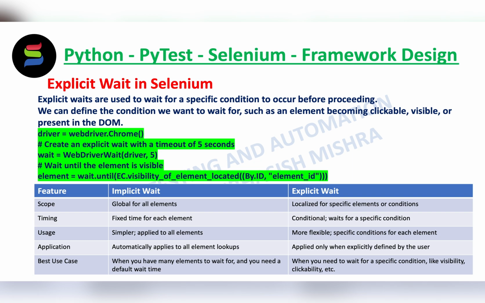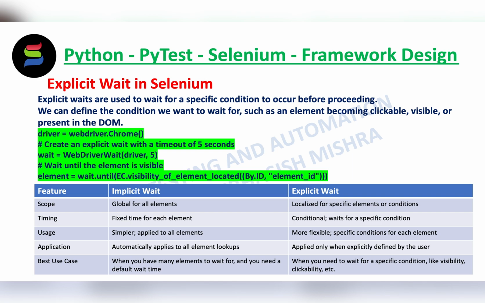Regarding timing, implicit wait is a fixed time for each element, whereas explicit wait is a conditional time. You can wait for a specific condition, if that is visible or clickable, then you can wait for that much time. Implicit wait is simpler to use, it is applied to all the elements, whereas explicit wait is more flexible and is used for specific conditions for each element.